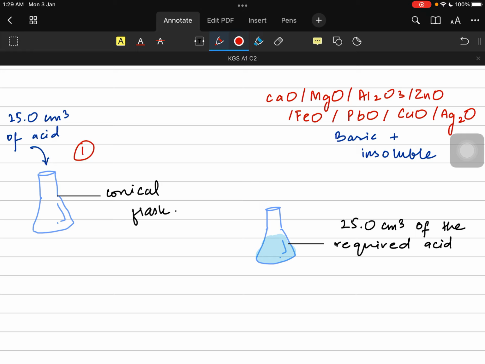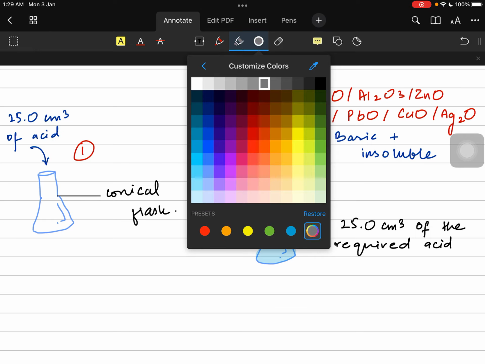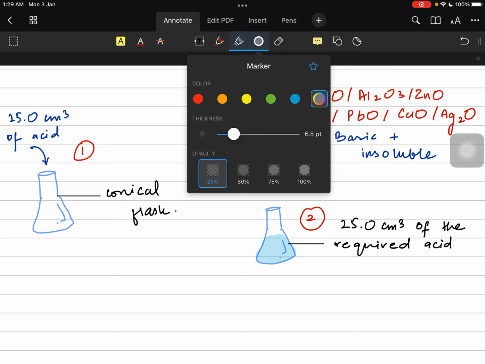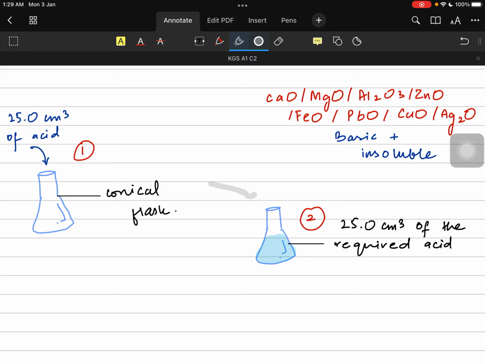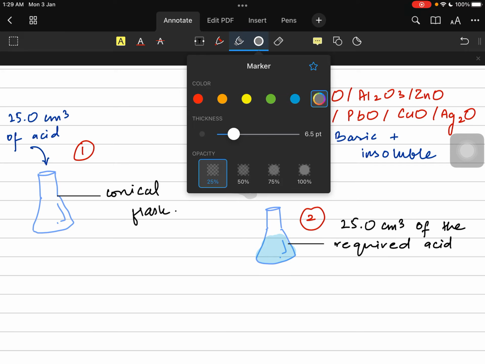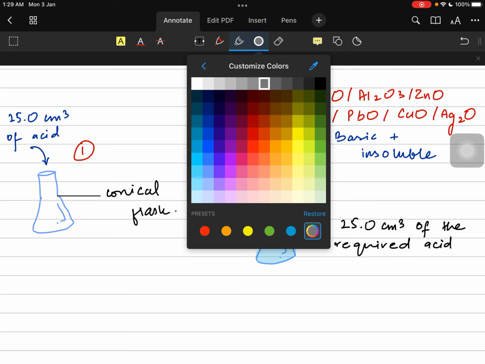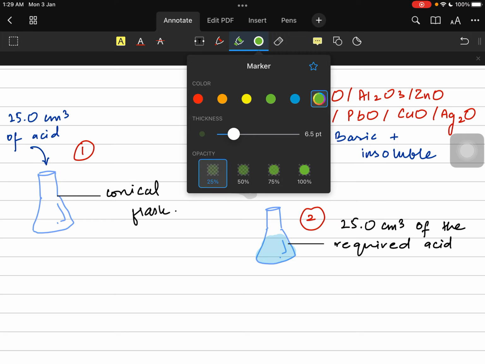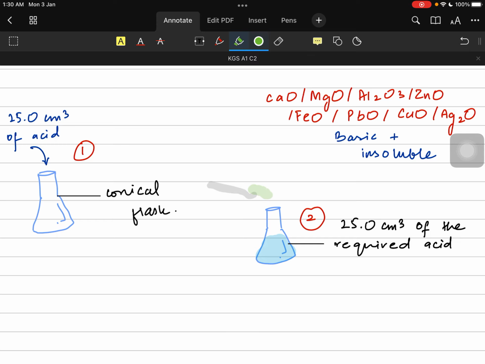So in step 1 you add the acid, in step 2 you have the acid over here, but then you add your excess insoluble base. I'm using a silver pen to show the spatula, which is generally the case. I'm using a spatula to transfer, for example, any metal oxide. Let's suppose I'm talking about iron oxide, which is green in color. Let's suppose you could be adding any metal oxide over here.